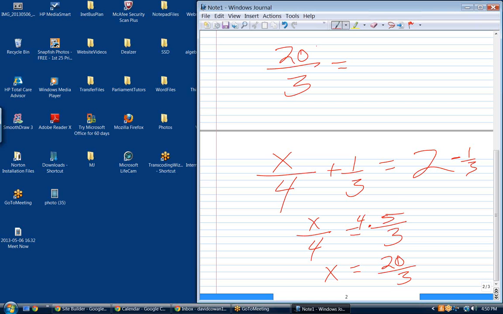So if I want to turn this into a whole number, kind of like you turned 2 minus 1/3 into 1 2/3, that's the proper fraction, and I turned it into an improper fraction, 5/3. So turn this 20 over 3 into a proper fraction. It'd be 6 2/3. Good. Okay.